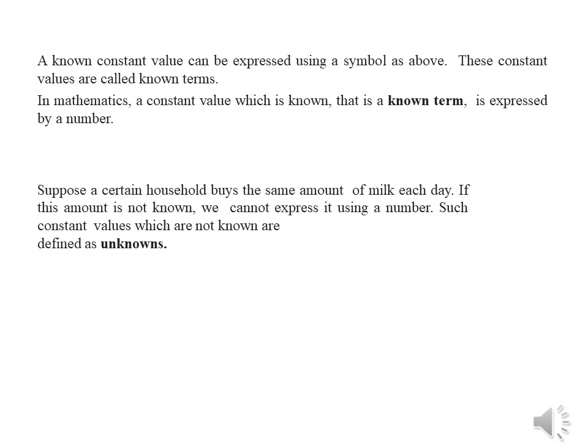Suppose a certain household buys the same amount of milk each day. If this amount is not known, we cannot express it using a number. Such constant values which are not known are defined as unknowns.